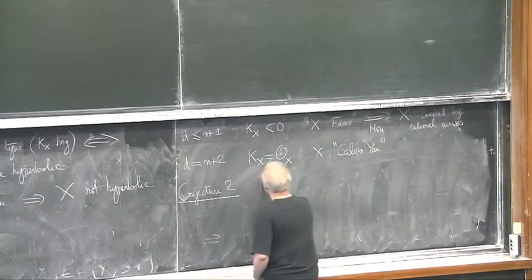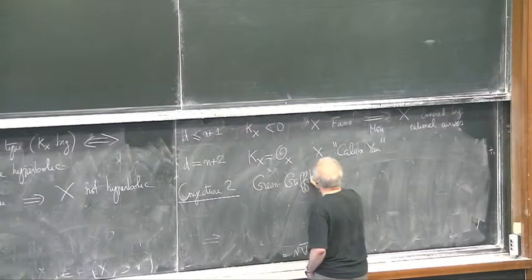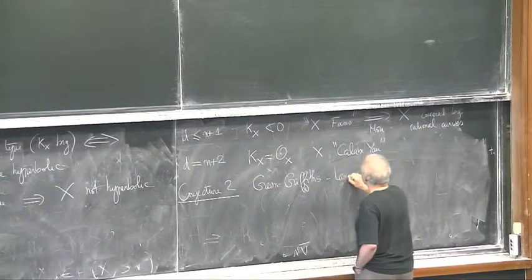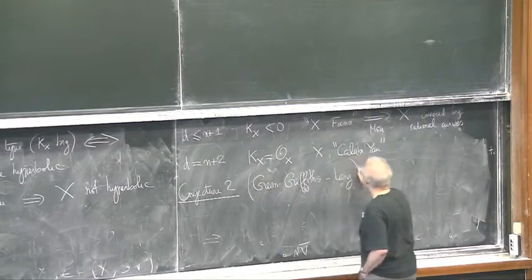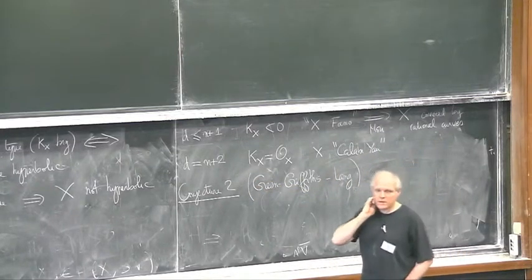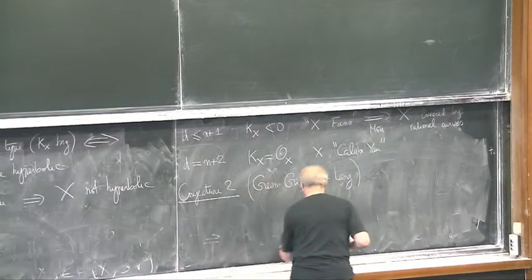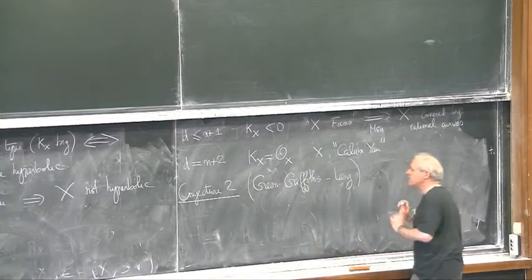It's called the Green-Griffiths conjecture. Maybe Lang. So I will state a general form, or maybe not tomorrow. Tomorrow the general form, the special form today.